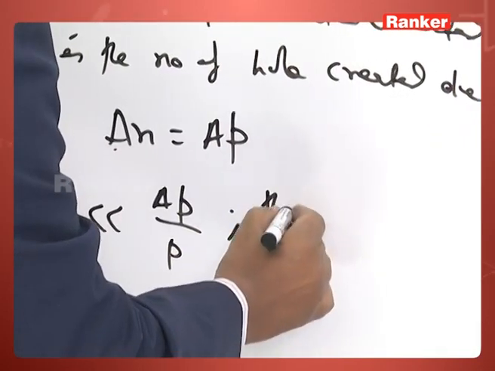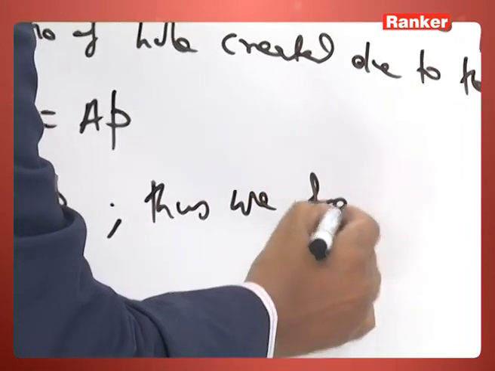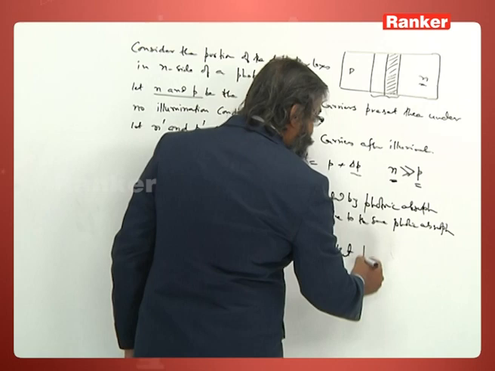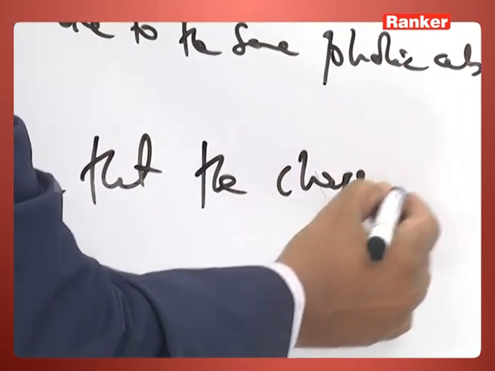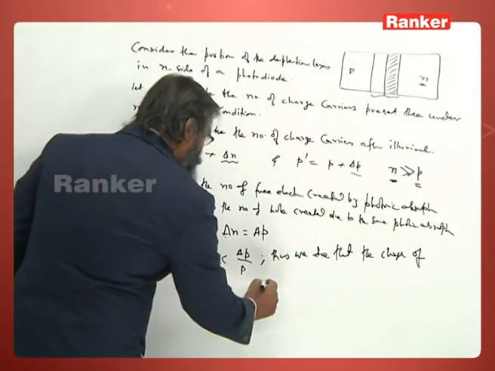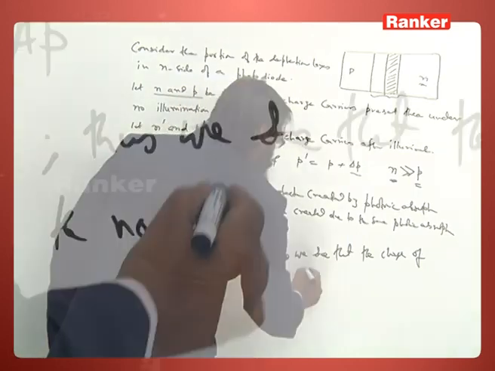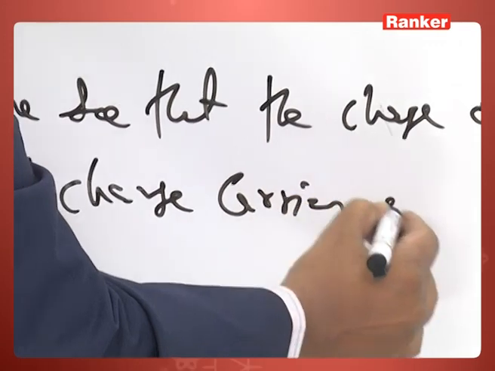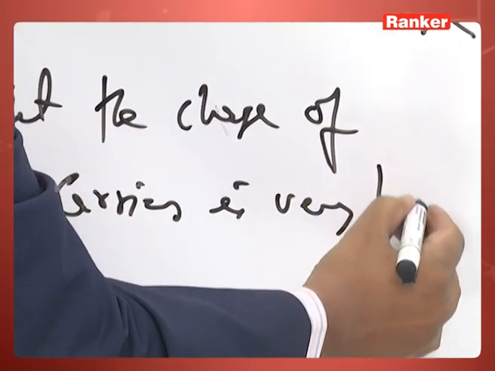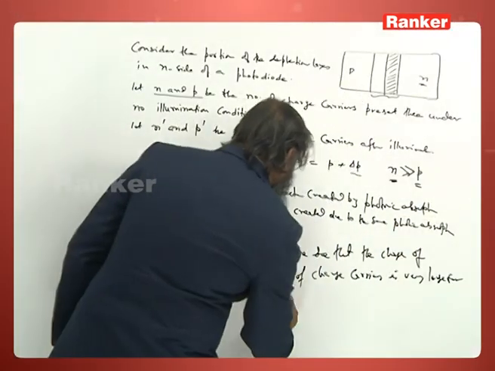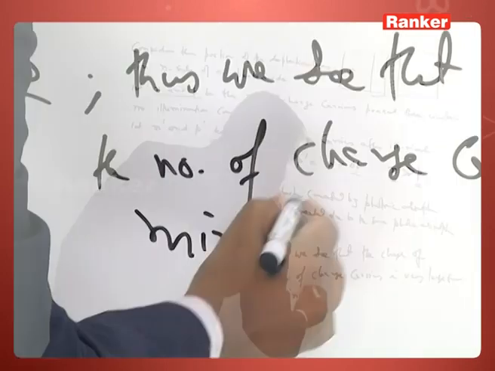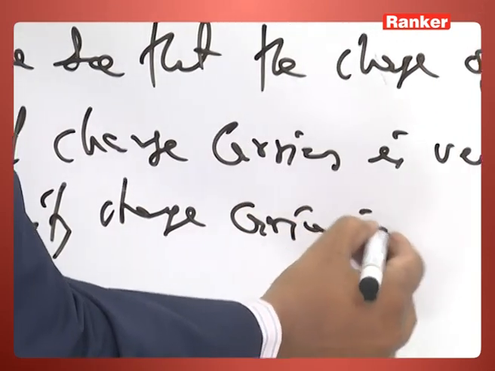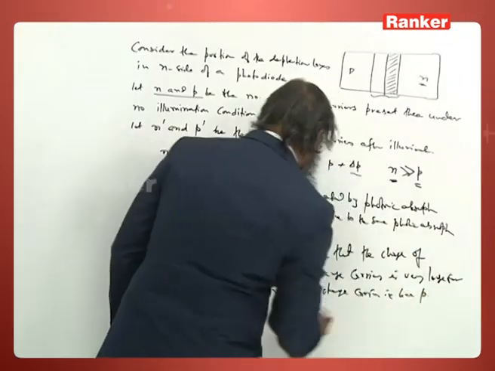Thus, we see that the change of the number of charge carriers is very large for minority charge carriers, i.e. here P, holes.